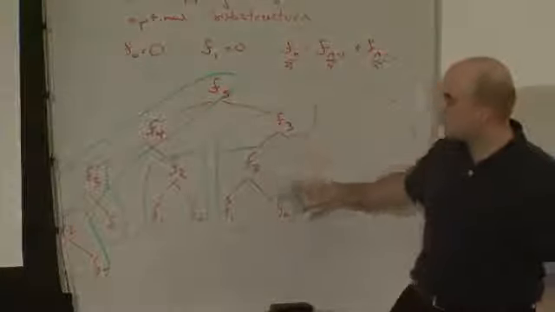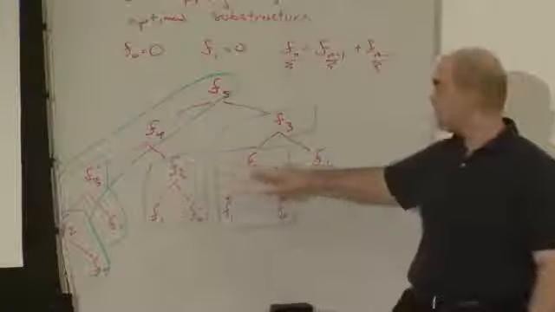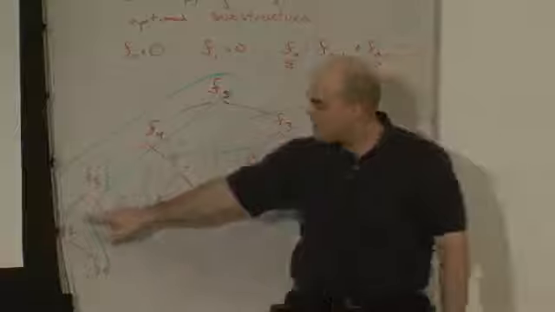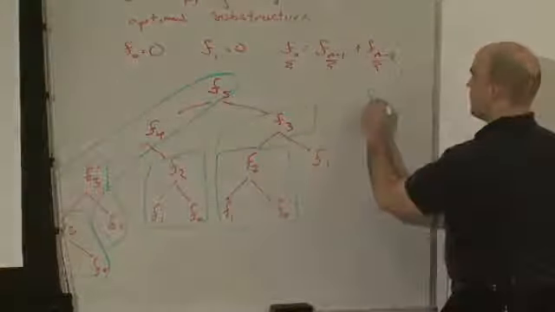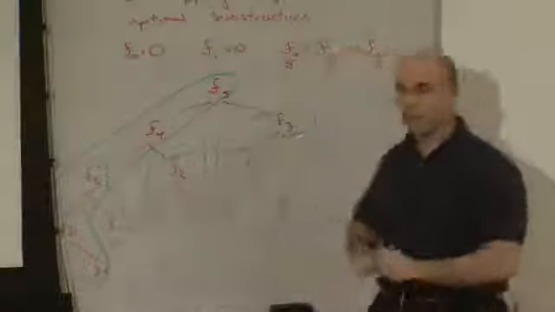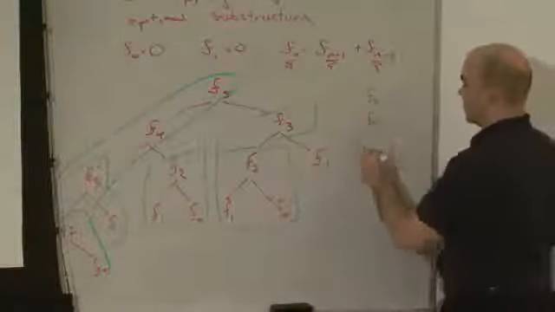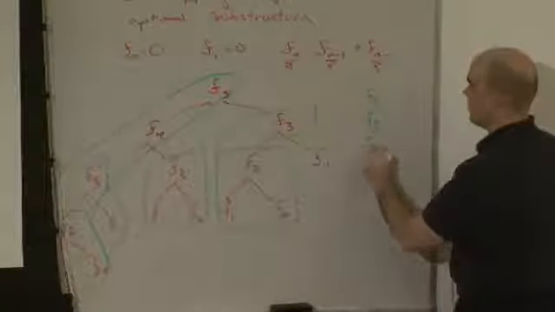So instead of recomputing F2 here, we can compute it once, save off this value somewhere in some sort of a memo, and do the same thing for F3 and F4.